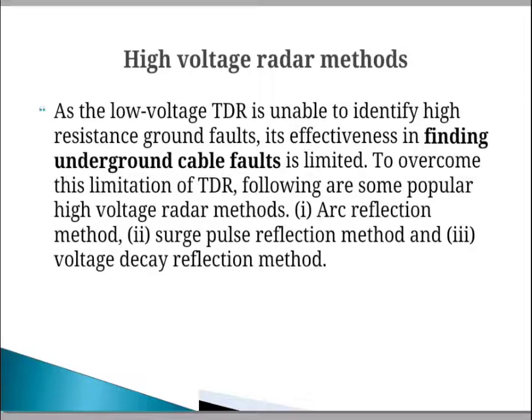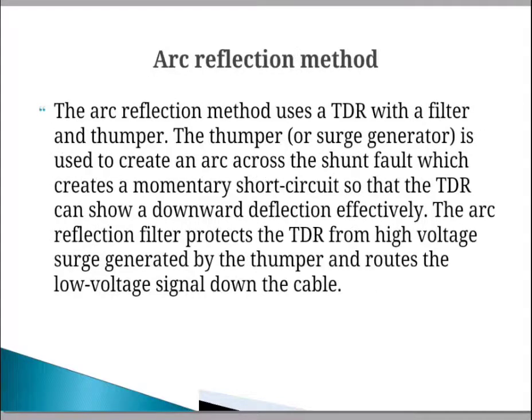In order to overcome this limitation of TDR, we have to use the high voltage radar methods. In that, we will discuss the arc reflection method, the surge pulse reflection method, and the third one is the voltage decay reflection method. Now first we discuss the arc reflection method.